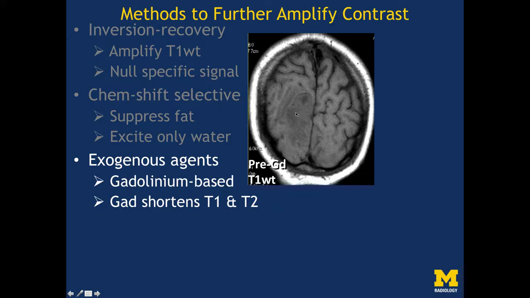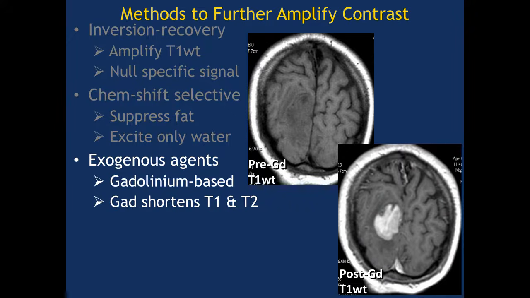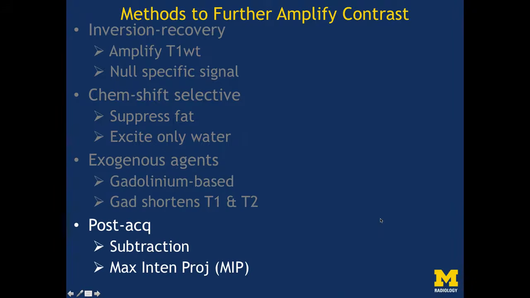You may detect some disturbance or some non-normal signal here, but if you give a gadolinium contrast agent that leaks out of a compromised blood-brain barrier, and that agent greatly reduces the signal recovery time of the water in this neighborhood, on a heavily T1 weighted scan, you can really make that lesion jump out.